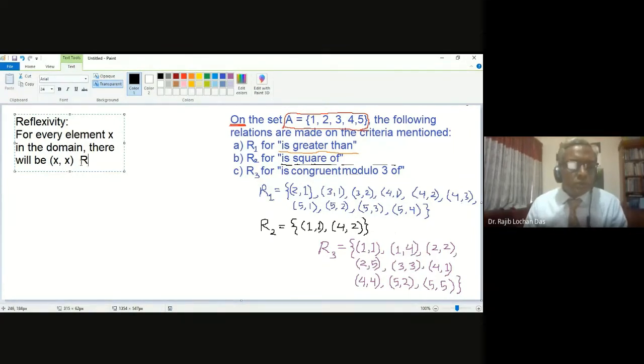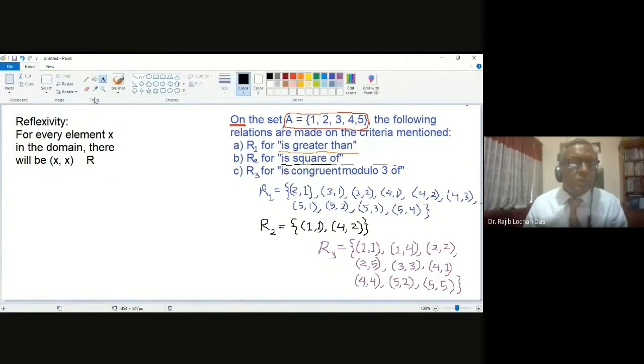The symbol, you already know, is called "is a member of" or "belongs to." X comma X is a member of R. R means the relation.